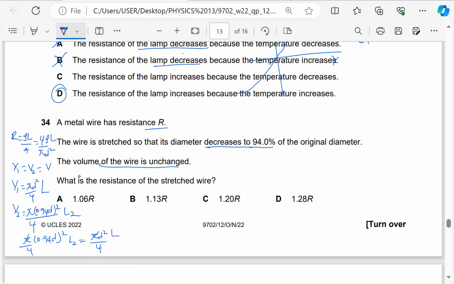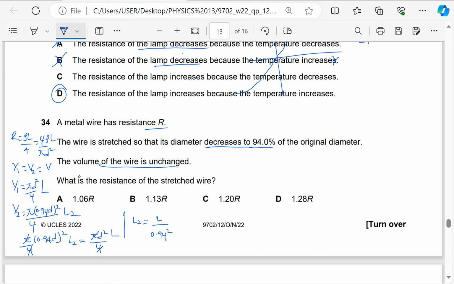So pi cancels, 4 cancels, d squared cancels, and I remain with L2 equals L over 0.94 squared. So the length of the second wire is 1 over 0.94 squared times L.